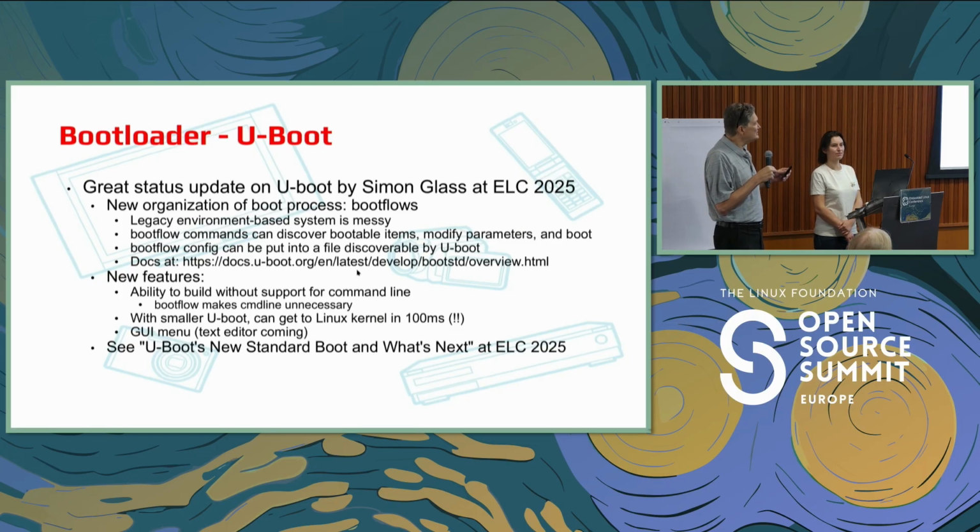So he's come up with a new system called bootflow that allows distributions and machine vendors to put bootflow files, which are kind of config files that describe where the partitions are, or the nature of the partitions you might boot, and what kinds of things they have on them. These are discoverable by U-Boot, and the intent is to simplify management of all this material.